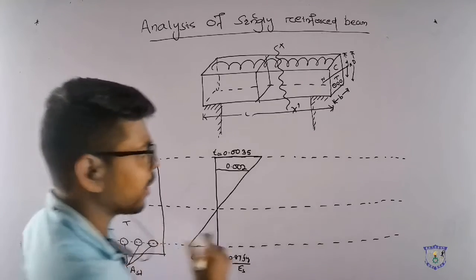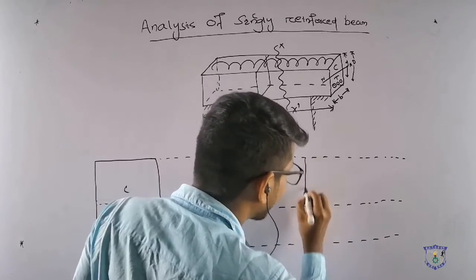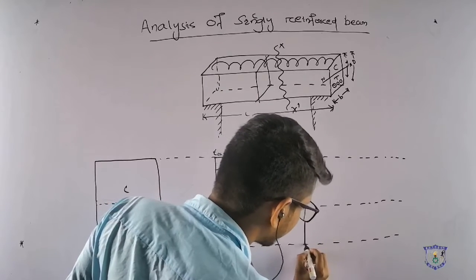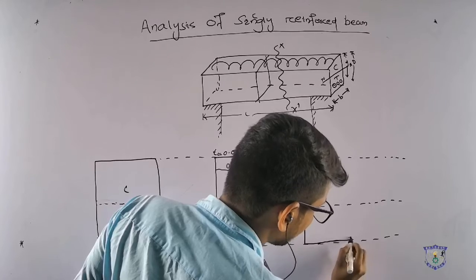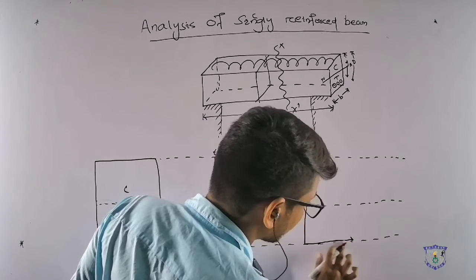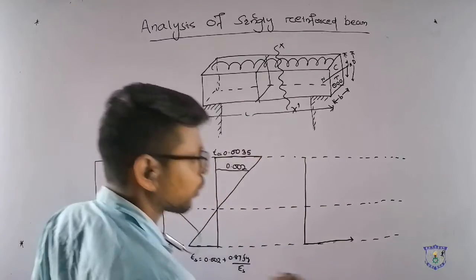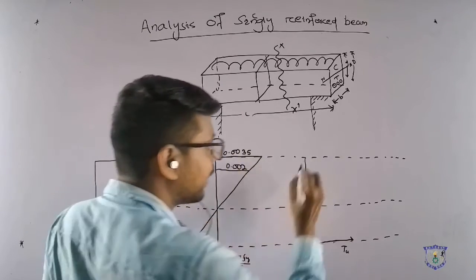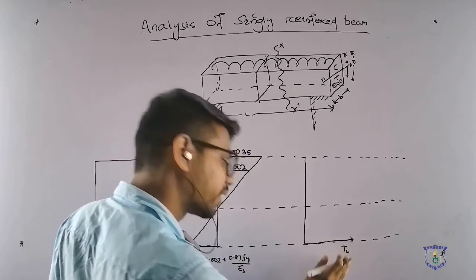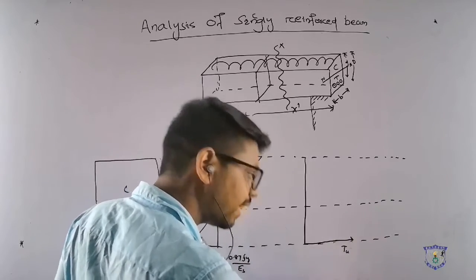So same thing, if we draw the stress diagram, up to this you can find out the tension force Tu. Let us take Tu, the ultimate tension force, or simply say Q or T, whatever.